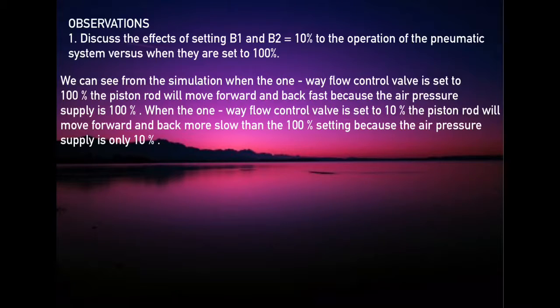We can see from the simulation that when the one-way flow control valve is set to 100%, the piston rod will move forward and back fast because the air pressure supply is 100%. When the one-way flow control valve is set to 10%, the piston rod will move forward and back more slowly than the 100% setting because the air pressure supply is only 10%.